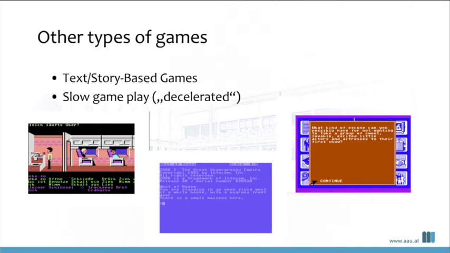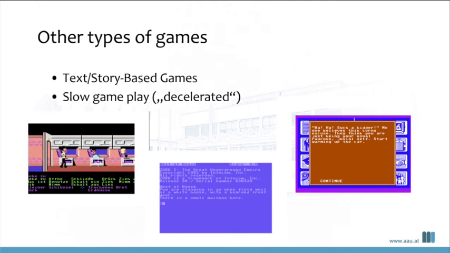And on the right side you see some screenshots from the game Alter Ego, which was an interesting game because there you had to take decisions, and these decisions led to different developments in your life. So you played from childhood on until the end of your life and made decisions which then let your life go into different directions. Very interesting concept.